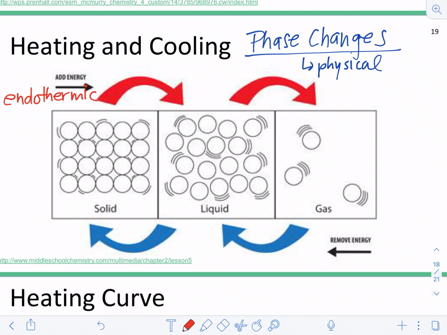All right, so the first arrow here, we have a solid changing into a liquid. Notice how the solid particles might have a little bit of vibration, which is why they're showing this one little line. In a liquid, you can see two lines, so there's more movement. Notice how they're not as organized and a little more spaced apart than the solid.